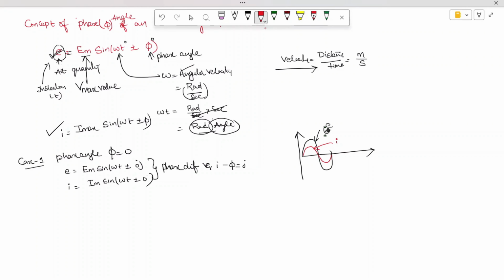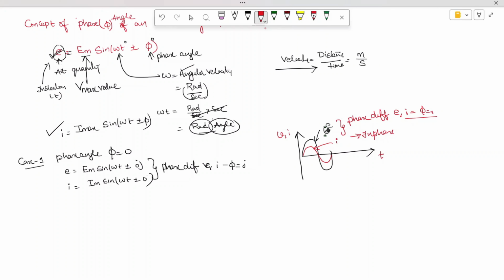You can see there is no phase angle. The phase difference between E and I is 0. Therefore E and I are in phase when you draw voltage versus time, and the phase angle is 0.